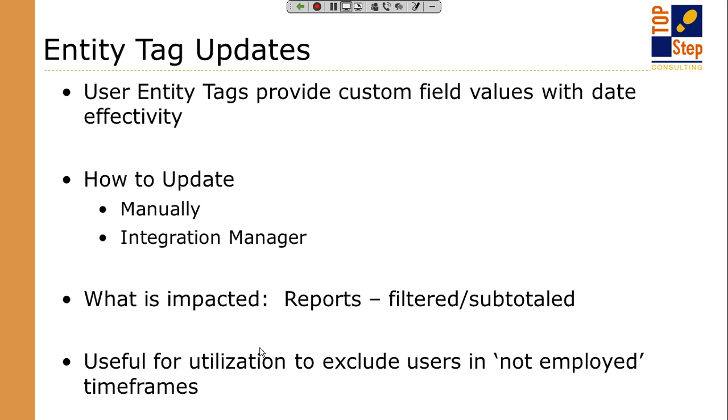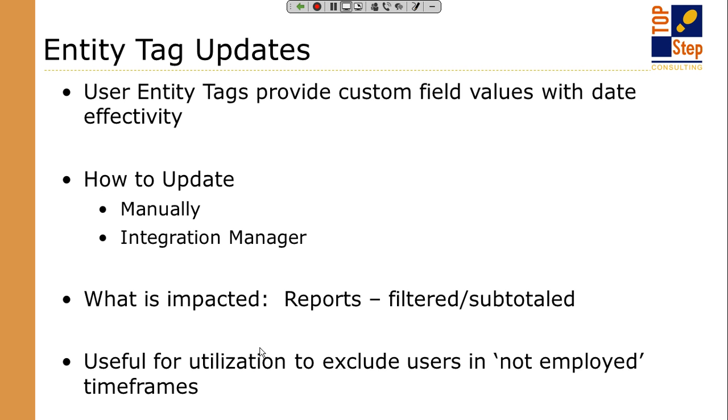So if you think in terms of department, a person was in Department A until the end of 2014, and now they're in Department B. If you update the user record from A to B and you run a historical report, it'll look like the person has always been in Department B. That may not be desired, especially from a P&L perspective. So you may consider using entity tags instead.